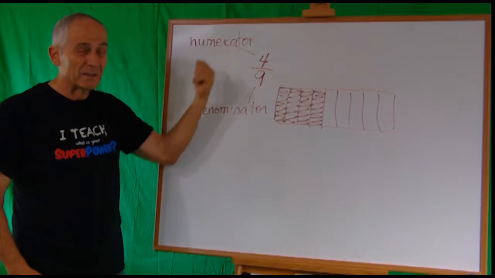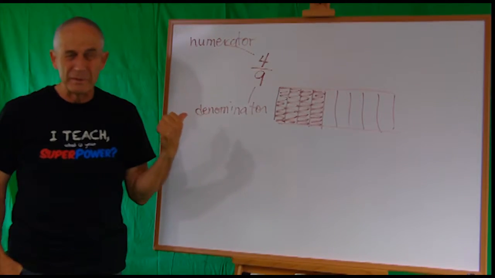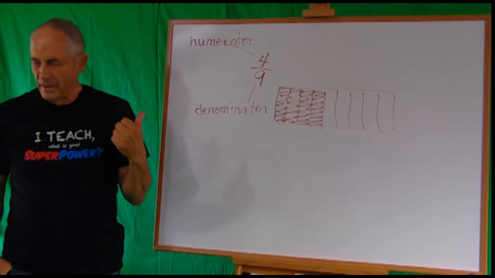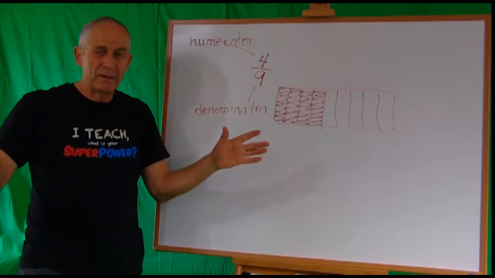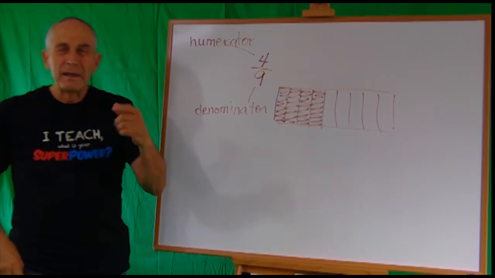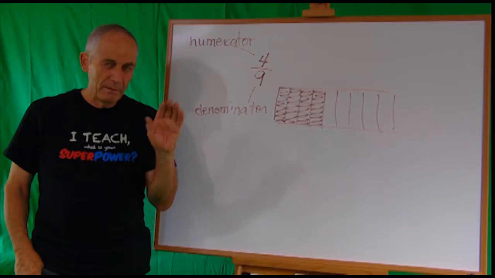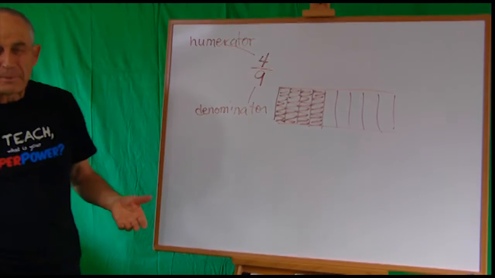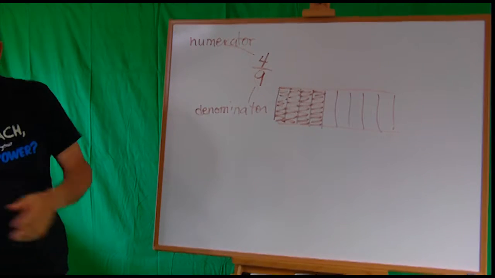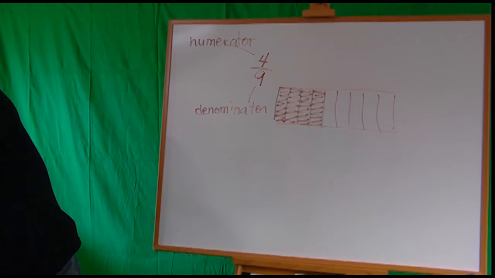The numerator tells us how many of those that we have. So the way we name them, you kind of have to know this, and I think probably you do whether you realize it or not. If there are 2 of them, they're called halves. I mean, you know that, right? If there are 3 of them, they're called thirds.